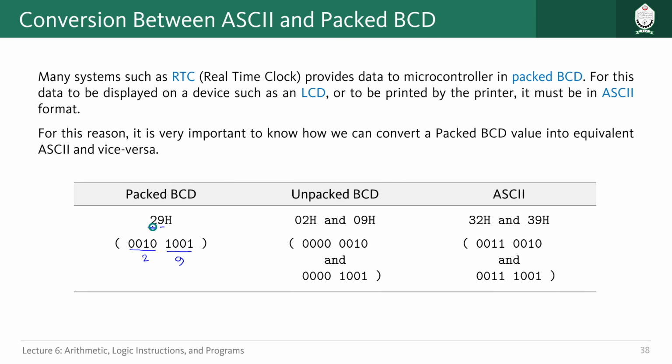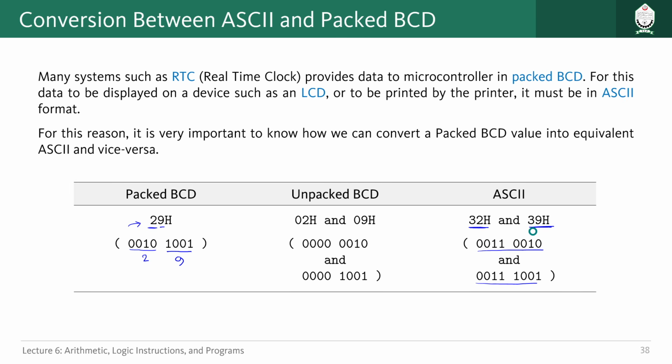We know 2 is represented as 32 in ASCII and 9 as 39, and we are seeing the binary equivalents here. So if I get a packed value like that, I have to output these two values to transmit them to the LCD to show them.